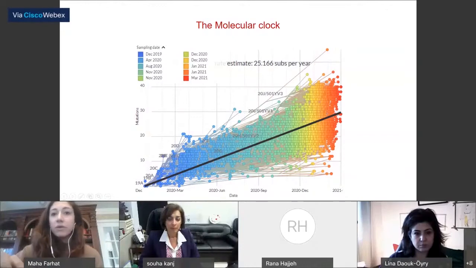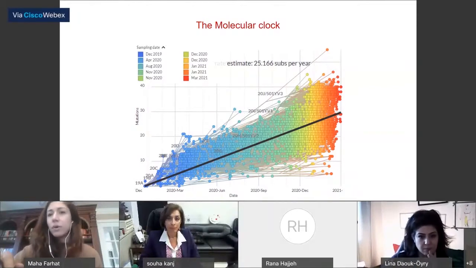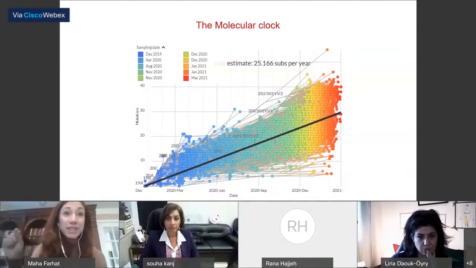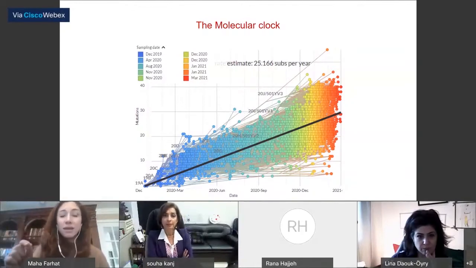So you can see that if you count SNPs in these hundreds to thousands of isolates, approximately 4,000 total isolates, the mutations over time are roughly linear, and the rate is approximately 25 mutations per year, meaning that SARS-CoV-2 accumulates one mutation every 2 weeks, and this is the expectation.